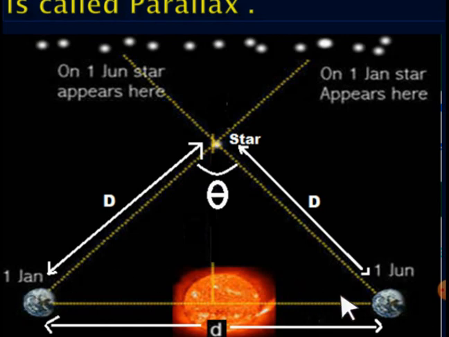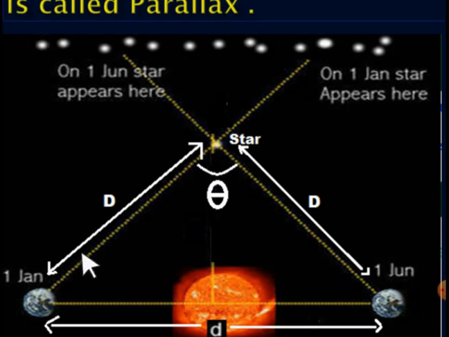And what happens if you try to observe the position of a particular star in January, let's take it as 1st January, for the sake of simplicity. On this 1st January day, you observe a star here by means of a telescope.